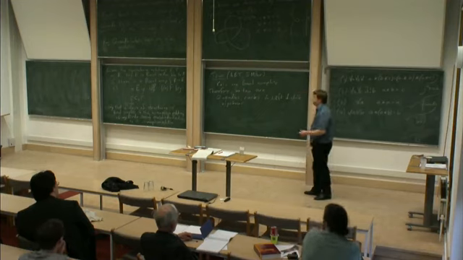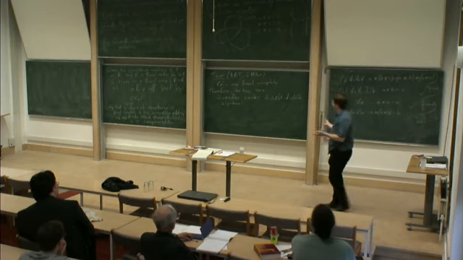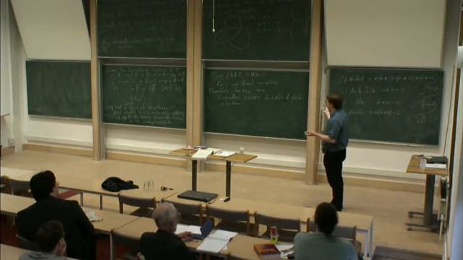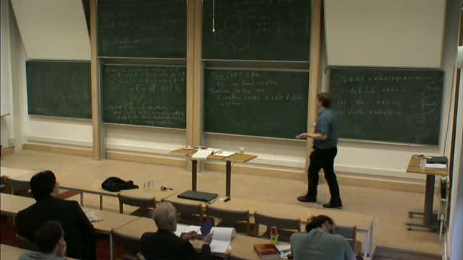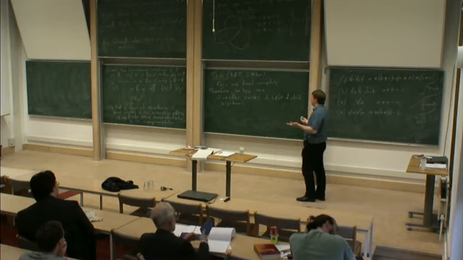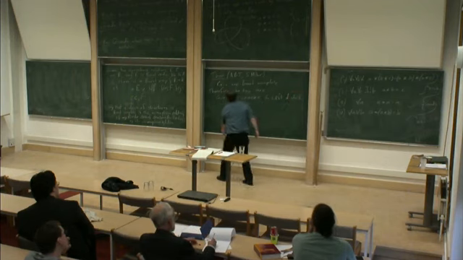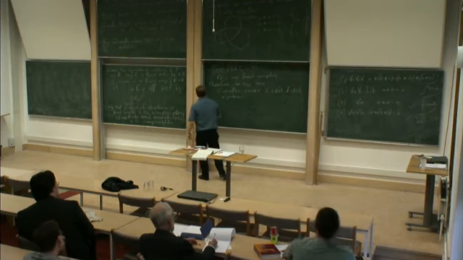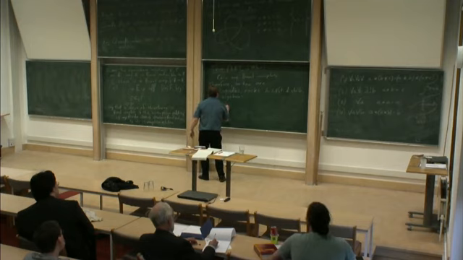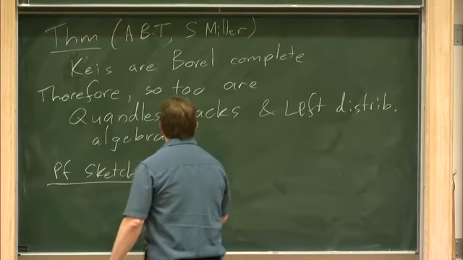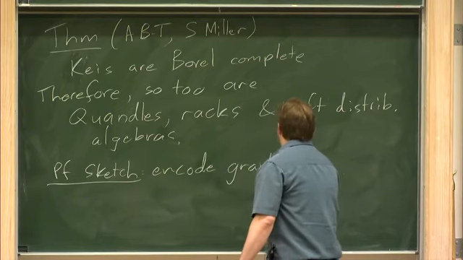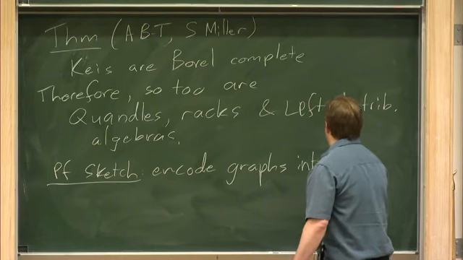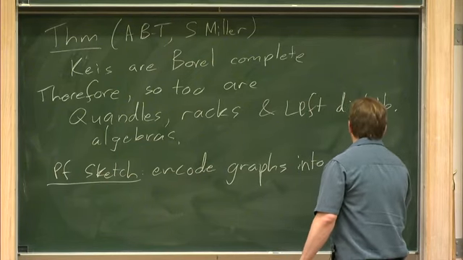Okay, but anyway, the question remained of whether these things are Borel complete. And so the answer is yes, they are. And how are we going to do that? Encode graphs into quandles.